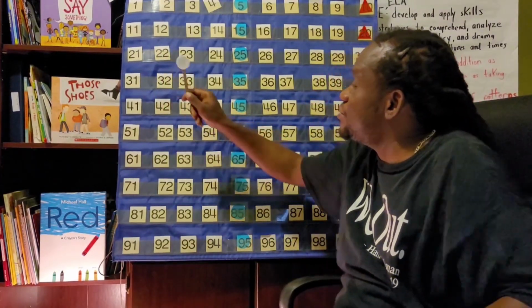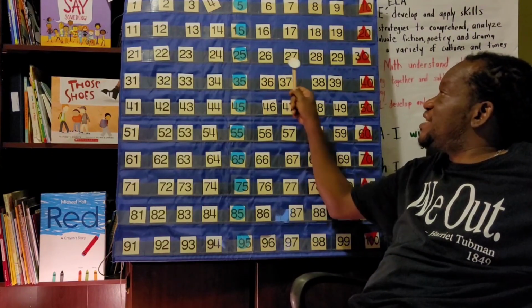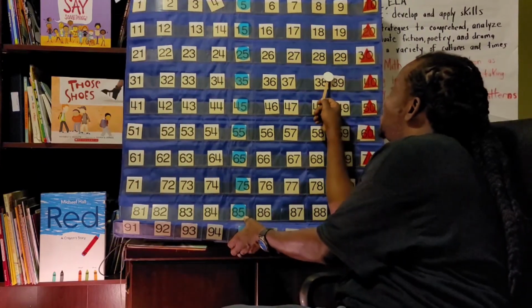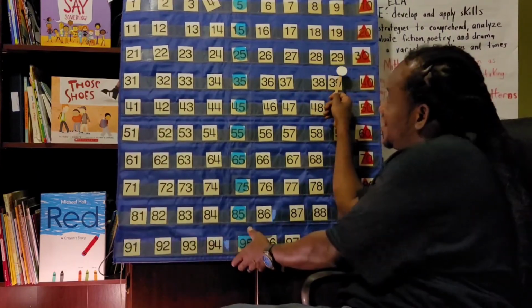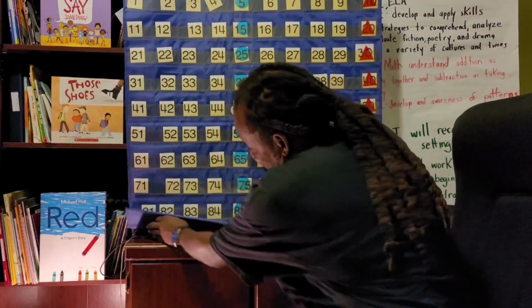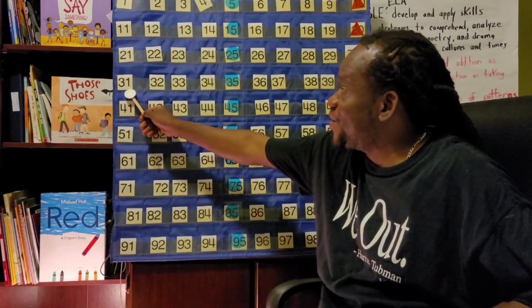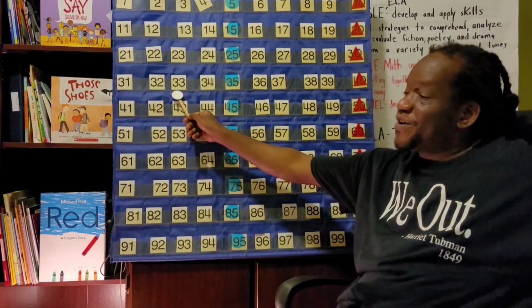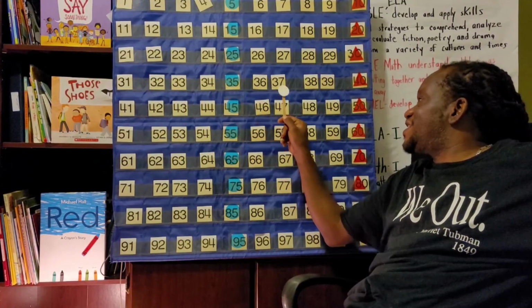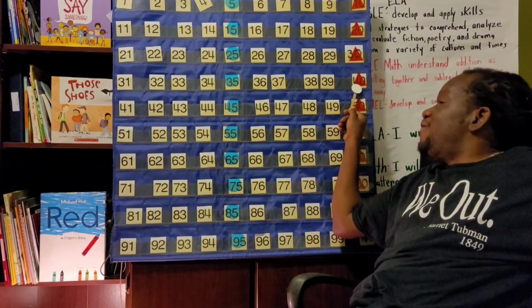It's like adding 1 each time. 21, 22, 23, 24, 25, 26, 27, 28, 29, 30. Uh-oh. Woo, we almost had an accident. 31, 32, 33, 34, 35, 36, 37, 38, 39, 40.